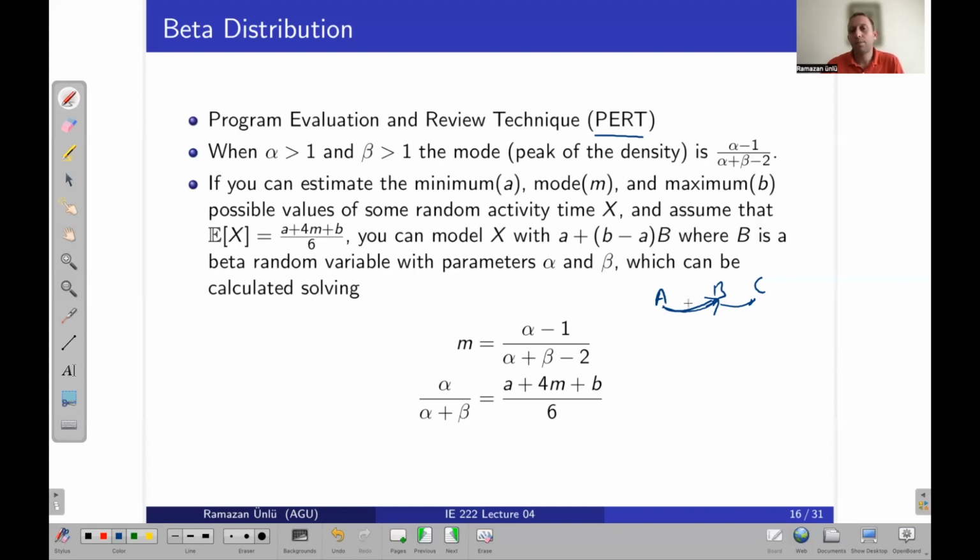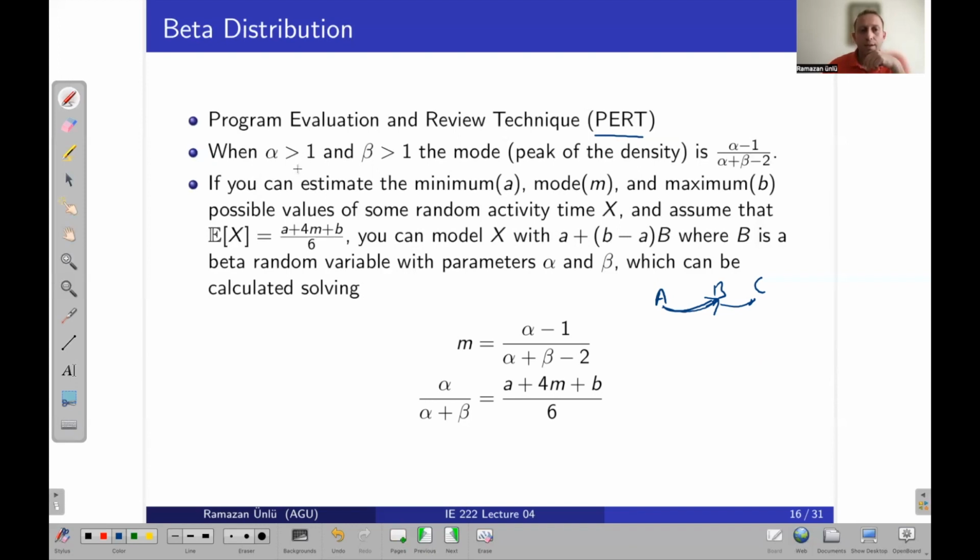But in general, these times are not deterministic, they are random. So if this is the case, we have to model what we need, okay? We can use the beta distribution to model such a project or such an event. How?